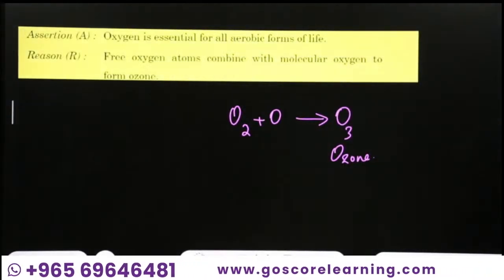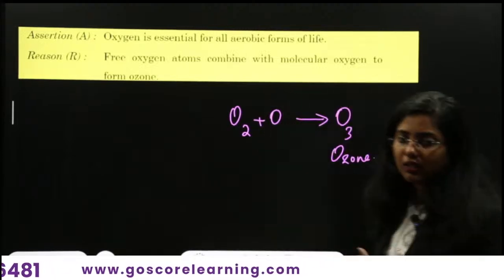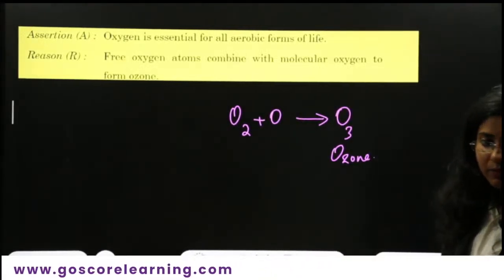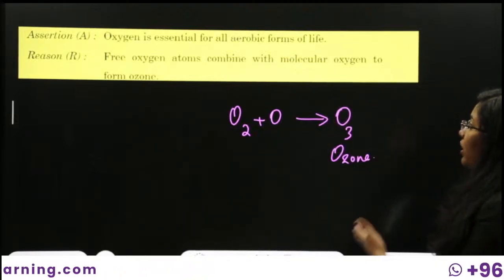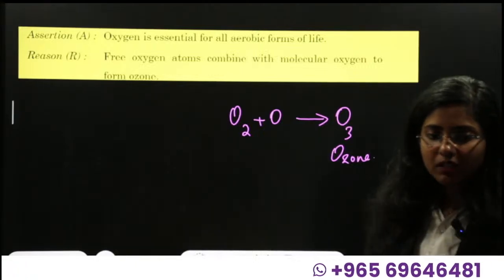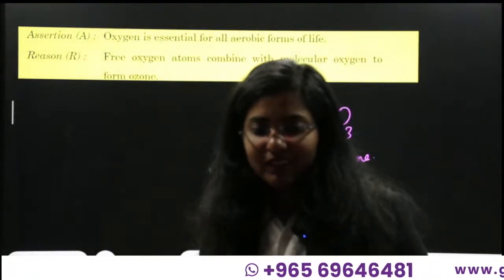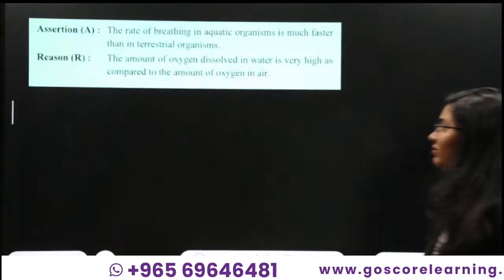So statement A is correct and statement B is also correct, but it is not the correct explanation for the assertion. Is that clear for you? Okay, fine. What is the next question given?